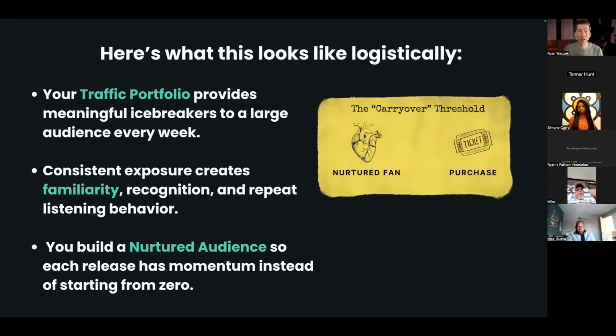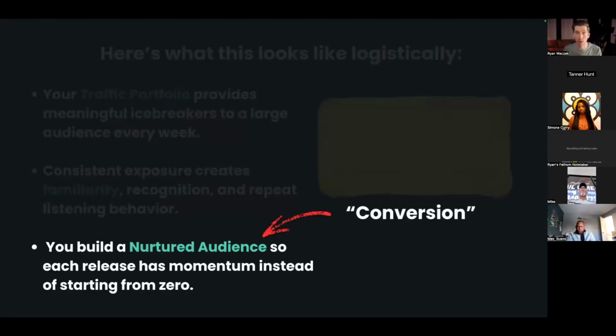People raise their hand and say yes to more stuff because they've seen you three or four times now. And then lastly, you build a nurtured audience so that each release has momentum instead of starting from zero. And what's the biggest thing that determines whether or not they're getting nurtured? It's regular communication, like I said before. They're going to have to convert in some way. So this nurtured audience results in a conversion.